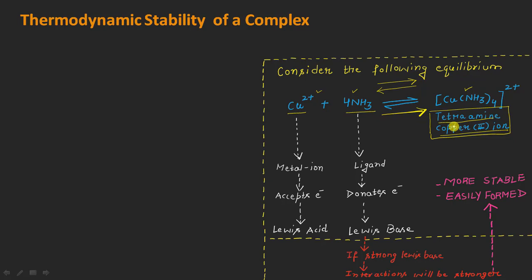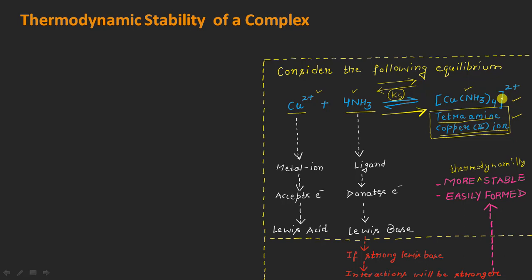So this means that the Ks here, I mean the equilibrium constant, is actually related with the stability of this complex. So we can say that if the complex is more thermodynamically stable, in that case obviously the value of the Ks, the equilibrium constant, will be quite high, and the equilibrium will tend to shift towards the right hand side, resulting in the formation of this complex here, right?